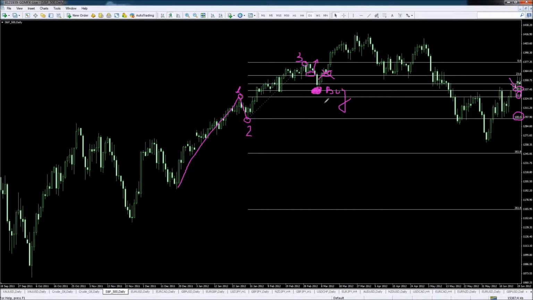Now we need to realize that every time we are measuring a wave, we have to see how it moves. Let's check out the next wave, again with the Fibonacci.